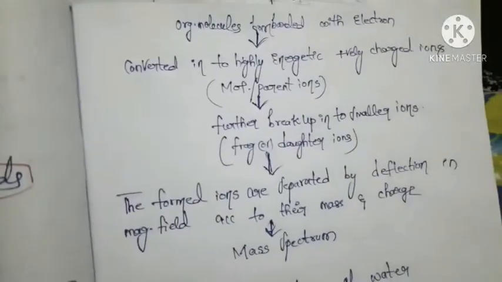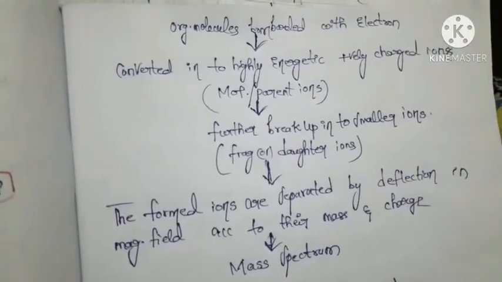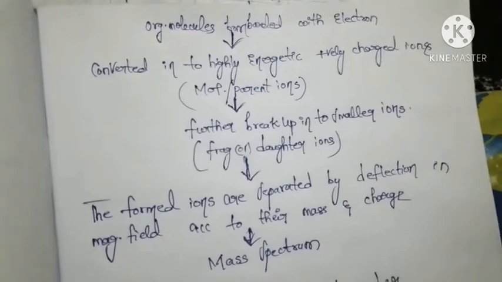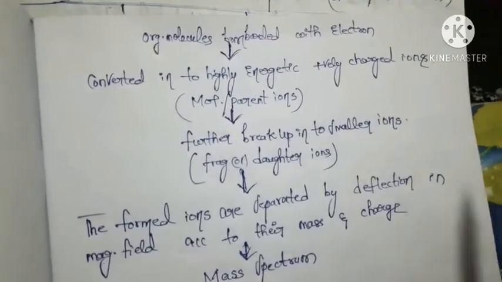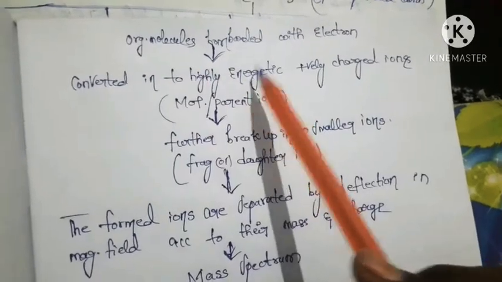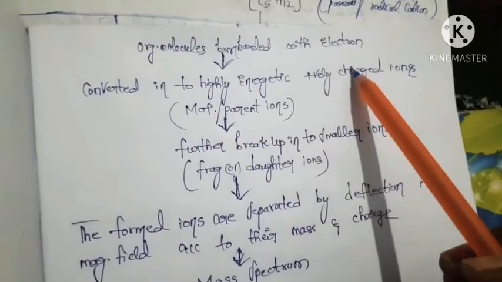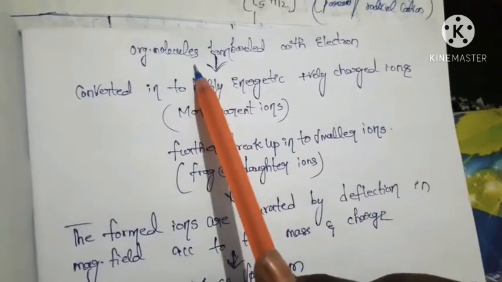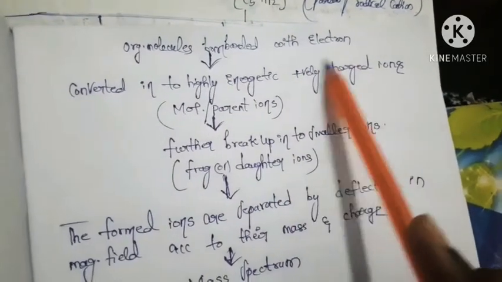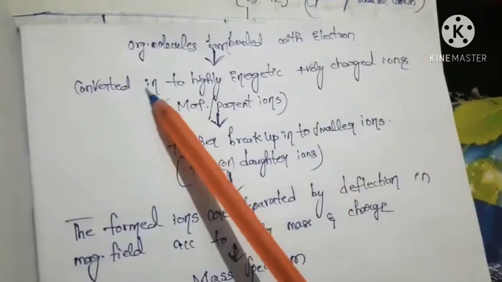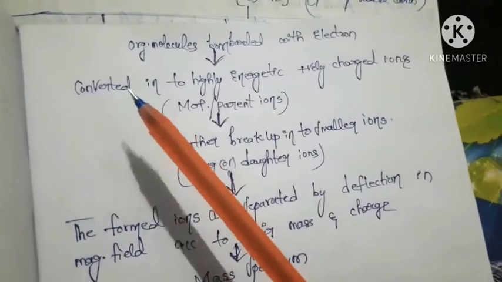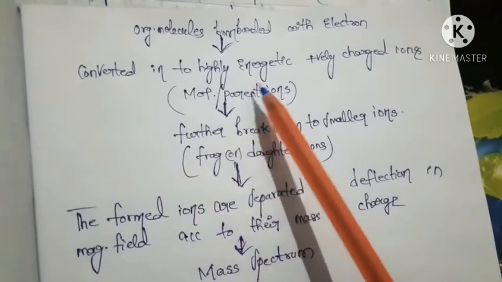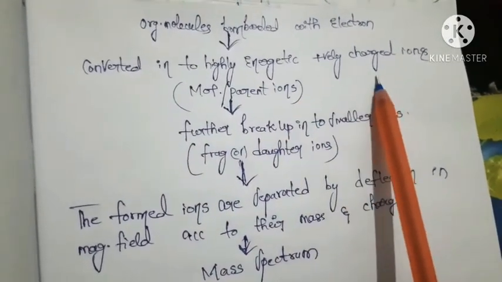Next, I have mentioned the entire process in this manner because it is very easy for us. If we study like this, first step: the organic molecule is bombarded with electrons. After bombardment, they are converted into highly energetic positively charged ions.